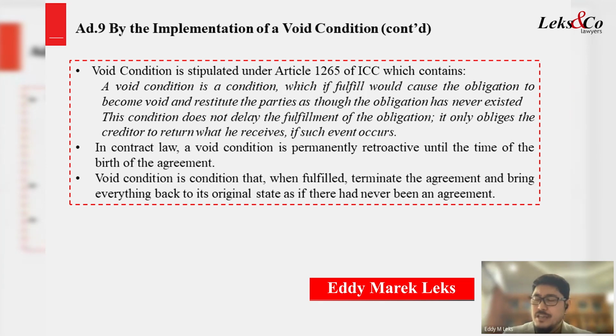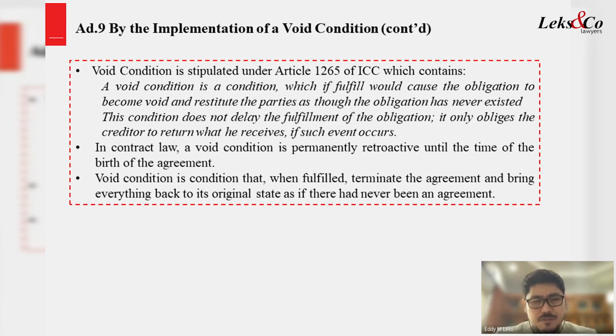So you know the case of AM9 Limited, I think. The lender gave money to the debtor in Indonesia. Everything is in English, and then the debtor cannot pay the money back to the creditor.